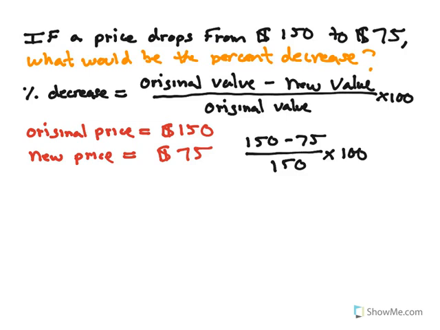So 150 minus 75 gives you 75 over 150, and when you do the arithmetic you will get 0.5, and when you times that by 100, that'll give you the 50%.